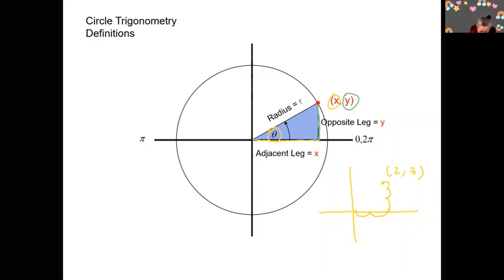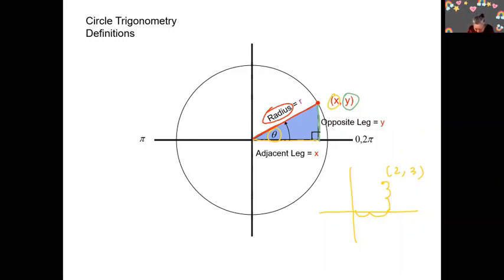And then also the hypotenuse of the right triangle is also the radius of the circle as well. Then this is obviously the right angle there.